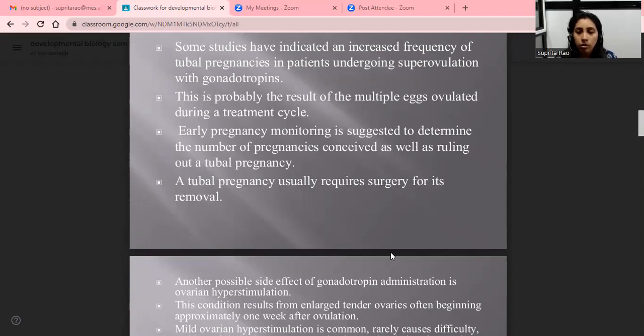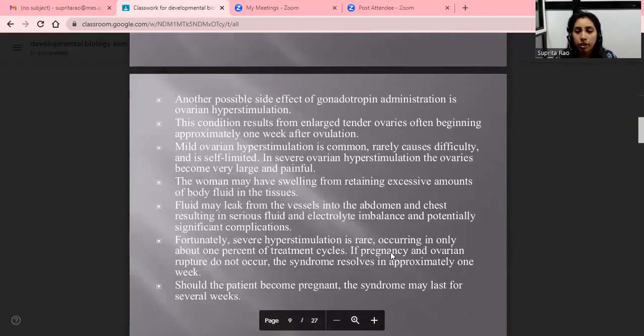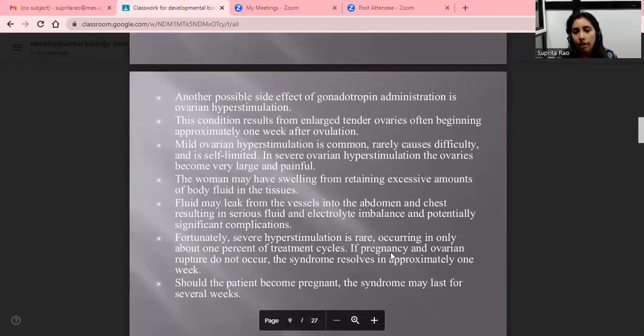We can also store these extra eggs in cryopreservation, so that every time we need not inject hormones into the patient, because that is also not good for the overall well-being of the patient, because it causes a lot of hypersensitive reactions, irritations, mood swings.